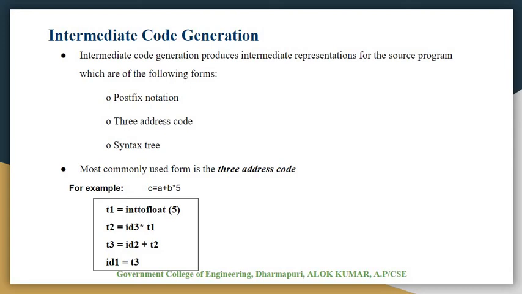After that, A we have given identifier 2, so ID 2 plus T2, the result of this we are keeping in T3, and after that this T3 we are keeping in identifier 1, that is C, so ID 1. In this manner we will write the intermediate code generation for this example.